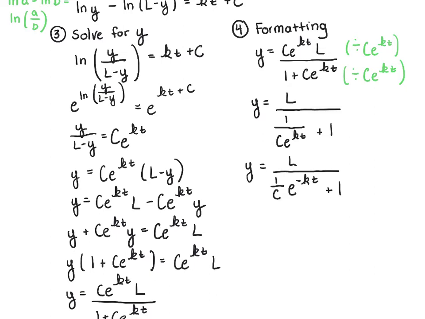But guess what? 1 over a constant is still just a constant. So we can just say y equals L over some other constant C. Again, I'm being pretty imprecise here, but oh well. C e^(-kt) plus 1, and then really the finalized format that you'll see it in is y equals L over 1 plus C e^(-kt).